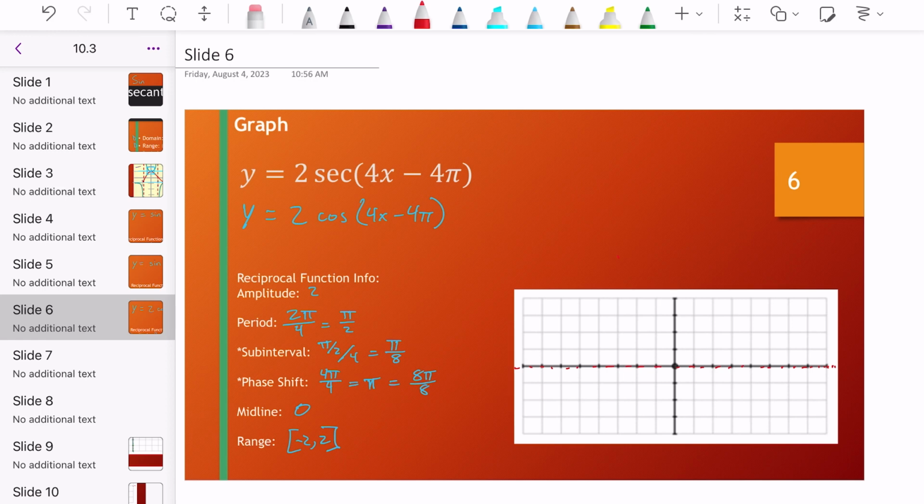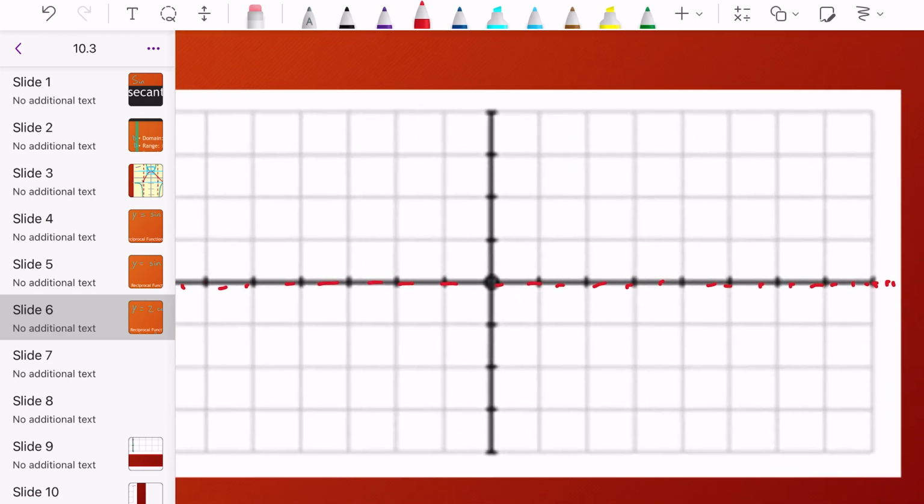Also keep in mind, if our phase shift starts at 8 pi over 8, that means 8 pi over 8, 9 pi over 8, 10 pi over 8, 11 pi over 8 and 12 pi over 8.